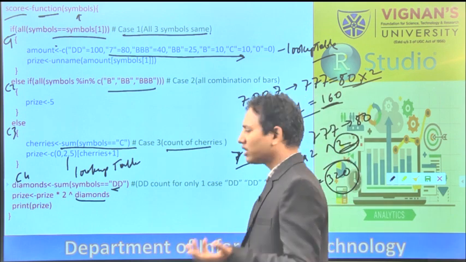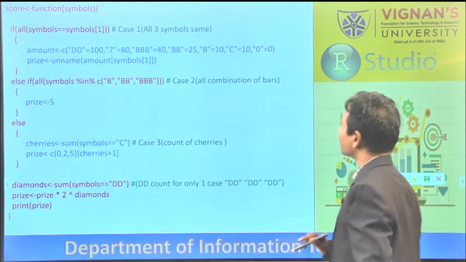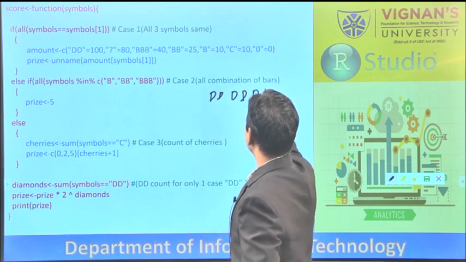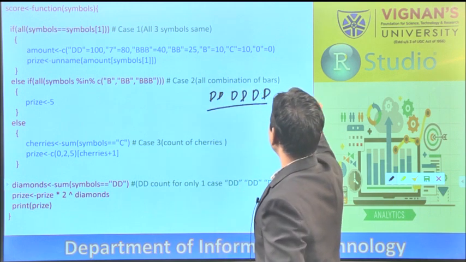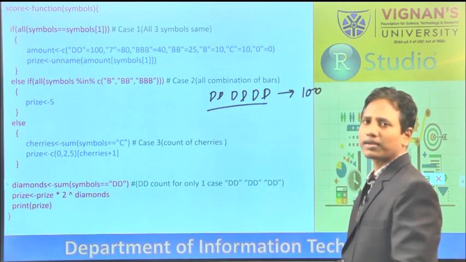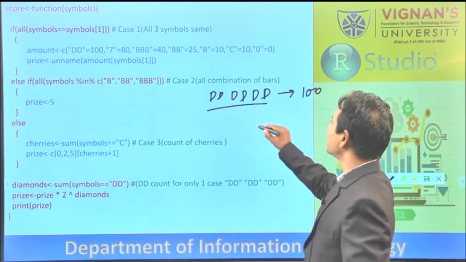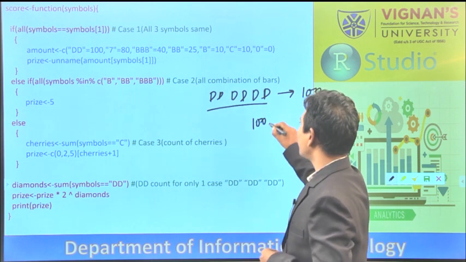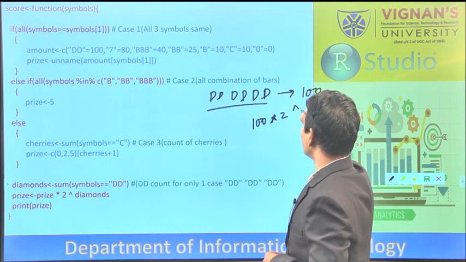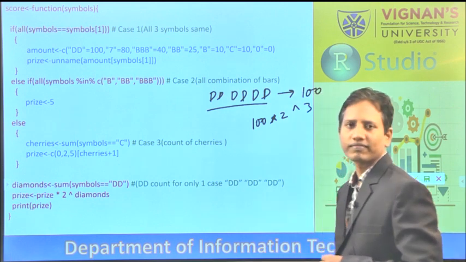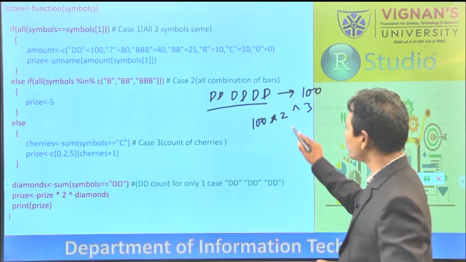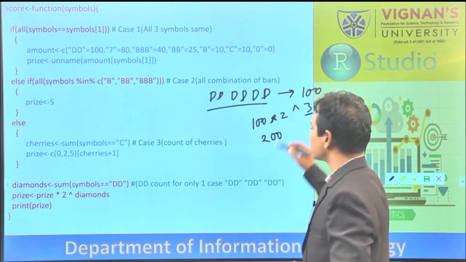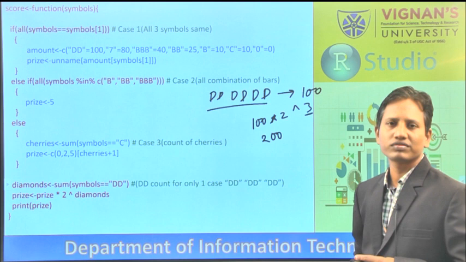And if you do it for the triple D, in case of this one, its value, if you look up, is going to be 100. Okay, and the DD appears 3 times. So 100 into 2 to the power of 3. 100 into 2 is going to be 200, and this is multiplied 3 times.